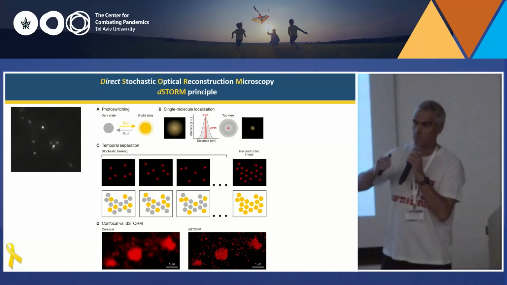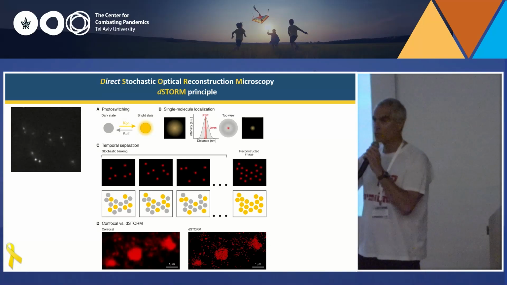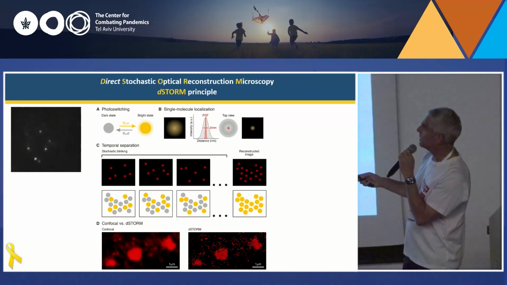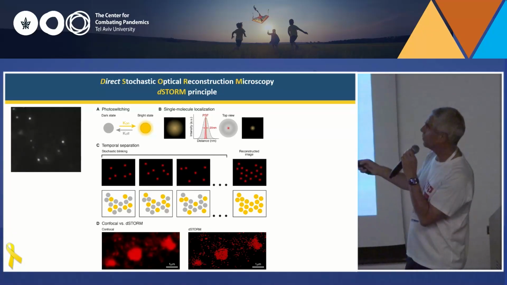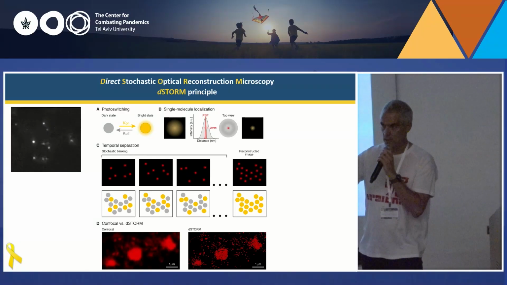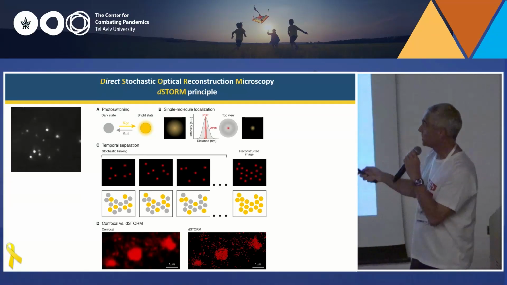So each time, over many, many frames, different groups of molecules will blink. And for each one of these blinks, we can now fit a PSF, a point spread function, and accurately define the center of this blink as the center of this molecule.